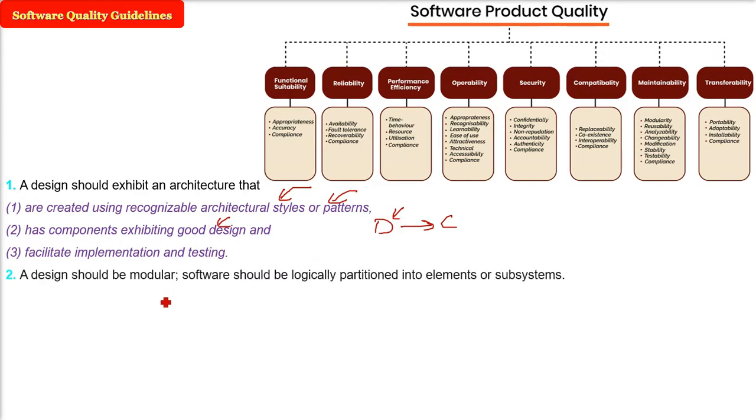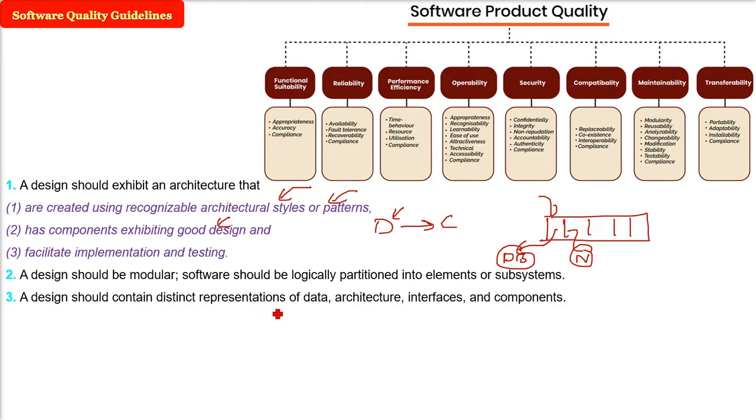A design should be modular, that is, dividing a whole problem into logical divisions. The software should be logically partitioned into different independent elements and subsystems, and then they can be addressed. The design should be properly modular so that it can be understood well and coded well.